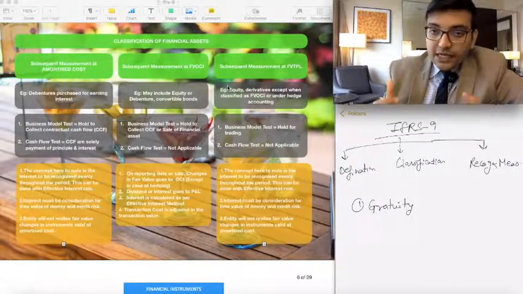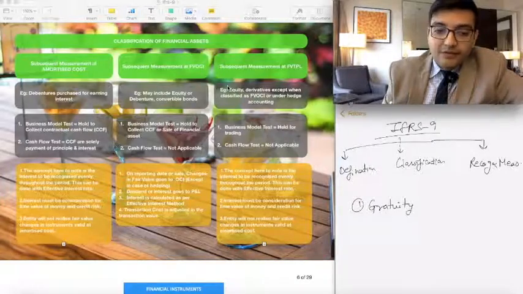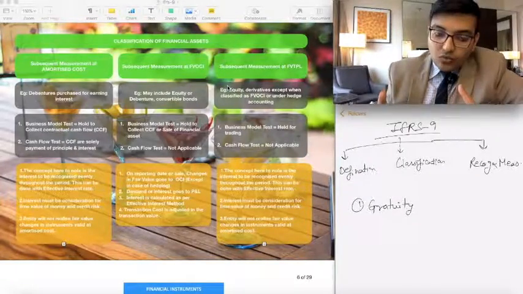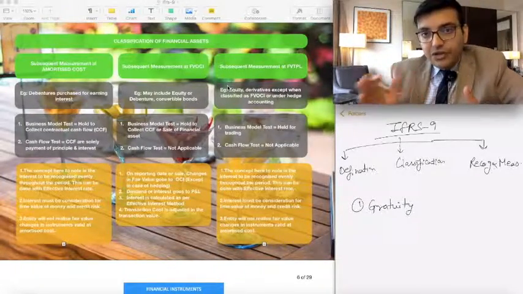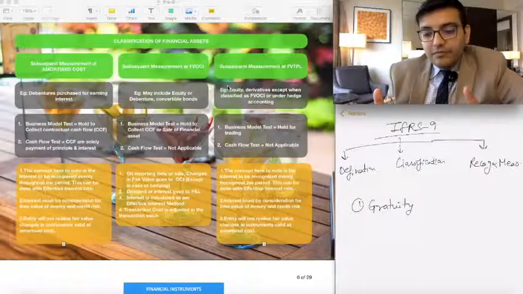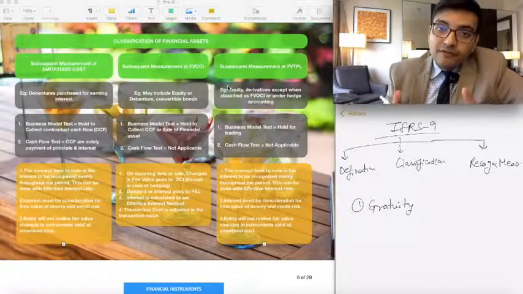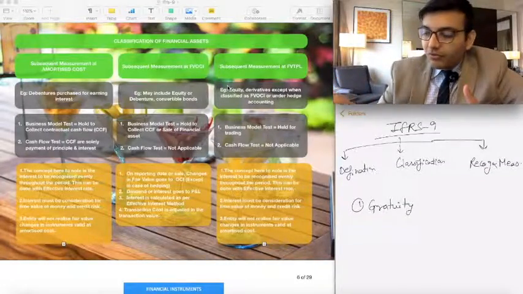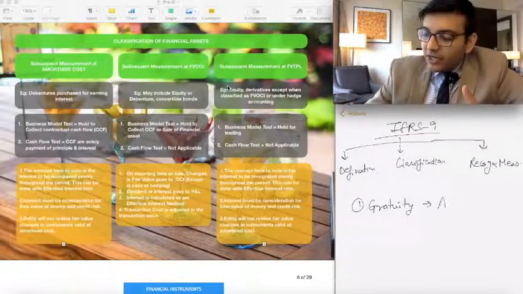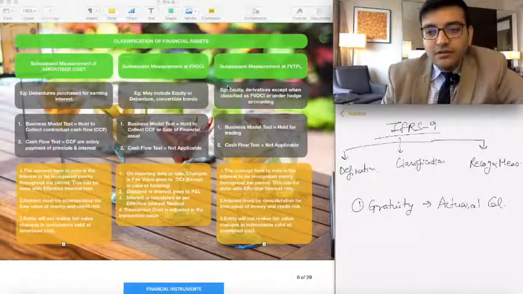I assume that the people who are watching this might have worked somewhere else and might know the importance of gratuity provision in the books, because a single entry of gratuity provision may impact the profit very badly, right? Because it is also an actuarial provision, based upon actuarial calculations, right?